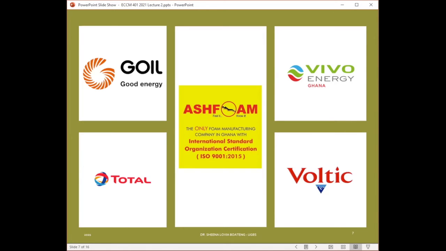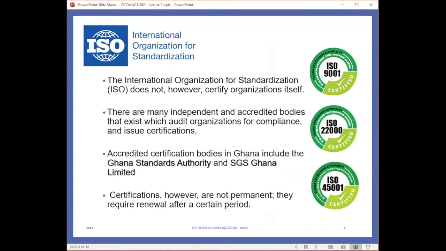All right. So now we are going to delve deep into a particular standard that is relevant to our course, which is measuring customer satisfaction. But before then, we have observed that there are many independent and accredited bodies, including our own Ghana Standards Authority, that help companies to obtain the certification. But it is important for us to note that the International Organization for Standardization does not issue the certification.